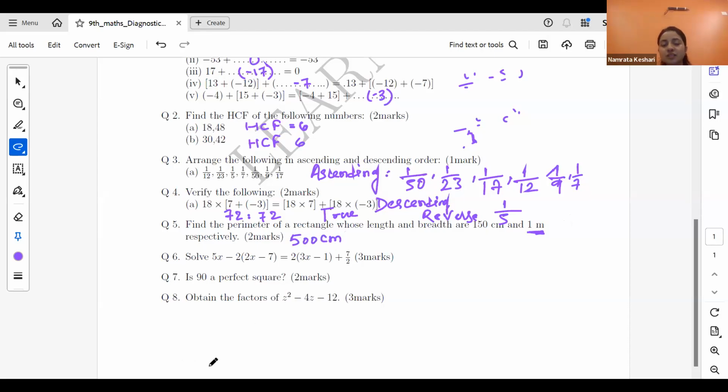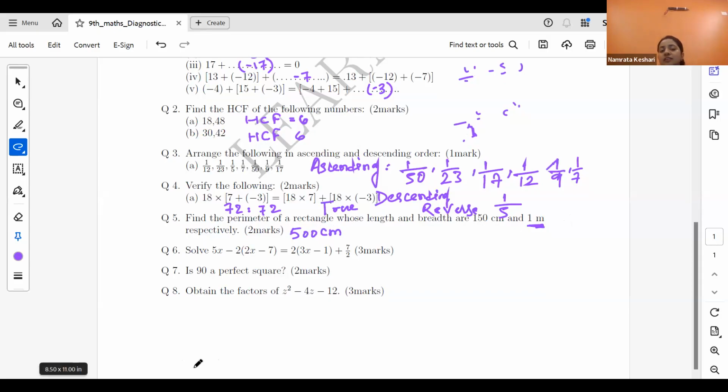Please do the next one. It's a linear equation in one variable, which you have learned in the previous class. You have to find the x value. Okay, ma'am.